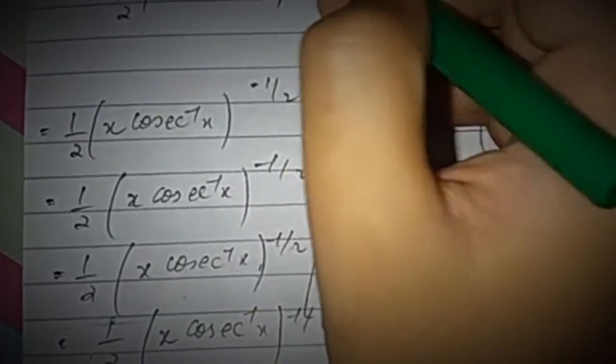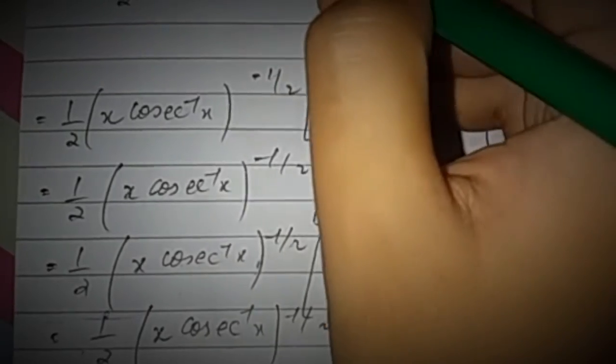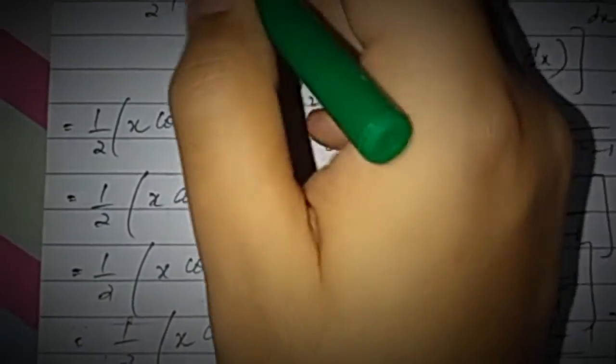Look guys, here I have written 1 by 2, and then x into cosec inverse x to the whole power half minus 1, which means we subtract 1 from the power, and then take the derivative of the whole function, x into cosec inverse x.